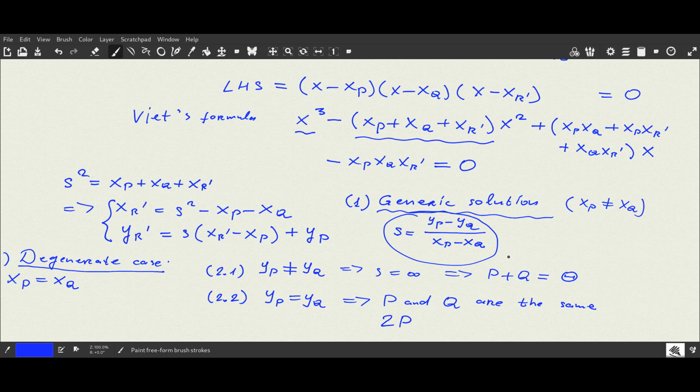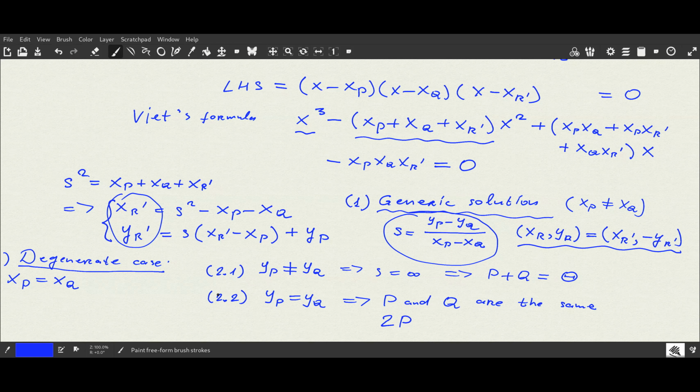In the first generic case, we have for the actual point R, xR, yR would be equal to, you remember, we need to do a reflection with respect to the x-axis, so it will be xR prime, minus yR prime. So this is not the sum yet. The sum is obtained by reflecting xR prime, yR prime with respect to the x-axis.